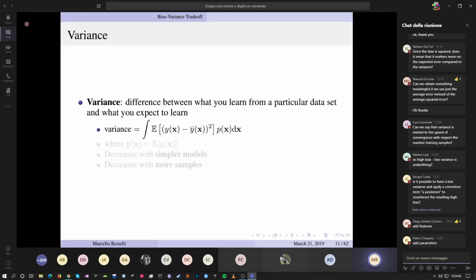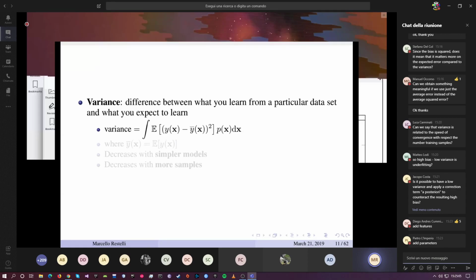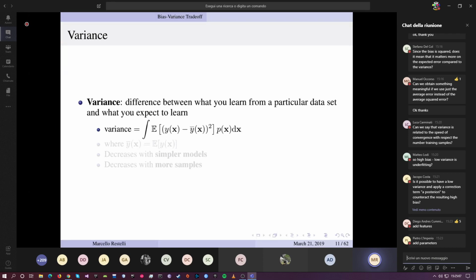The variance is defined as the expected value of the difference between what your model will predict and the average prediction of your model. So if your models trained with different realizations of the training set predict very different things with respect to the average prediction of your model, actually it means that you have a lot of variance.